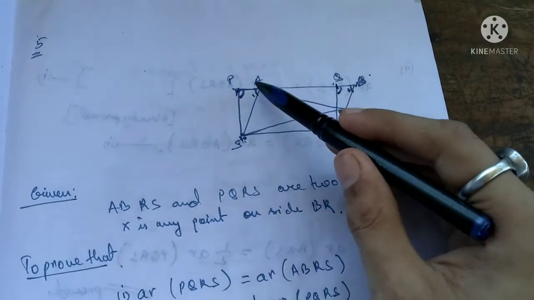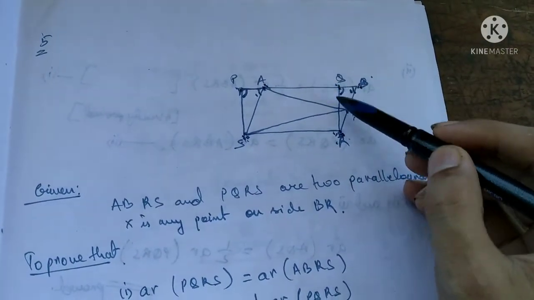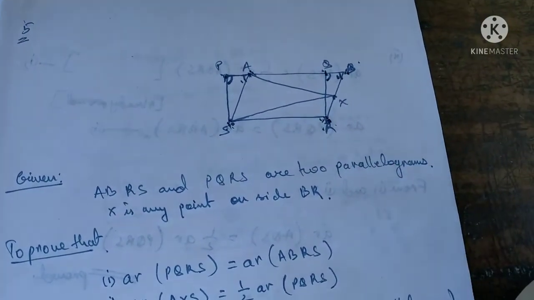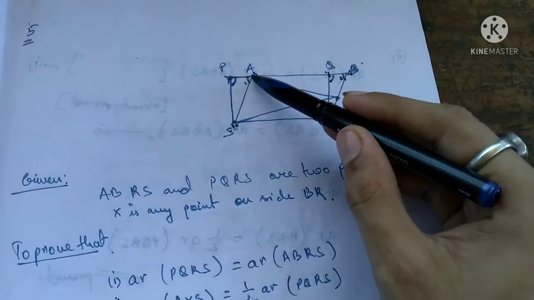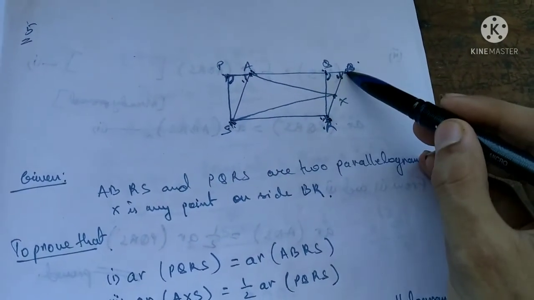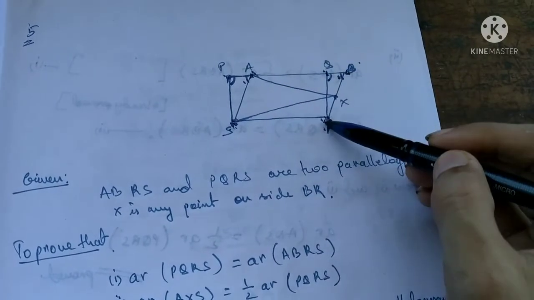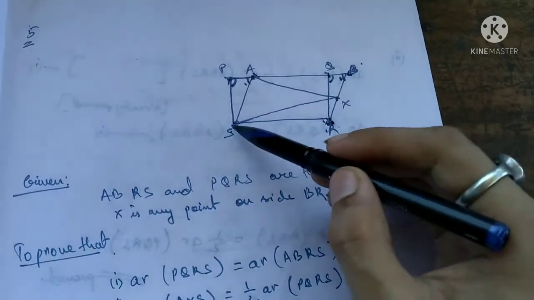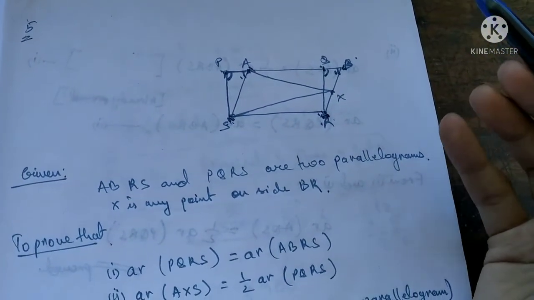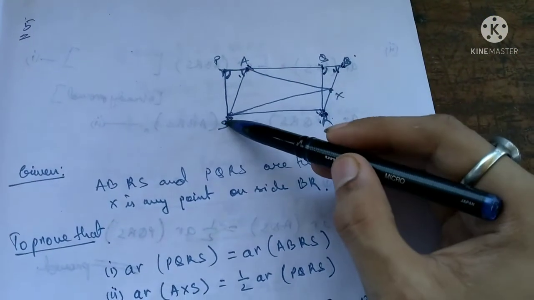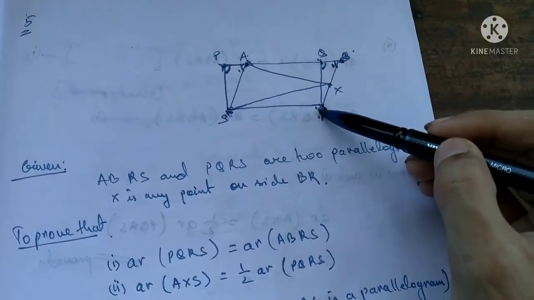Again corresponding angles. And next I can say that AS is equals to BR since ABRS is a parallelogram. In a parallelogram opposite sides are equal and parallel. So therefore AS is equals to BR.